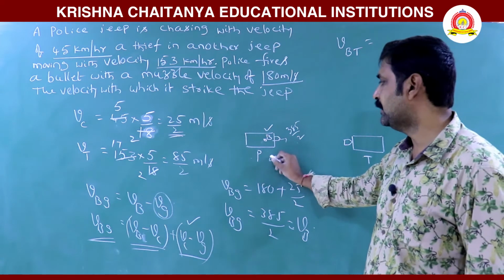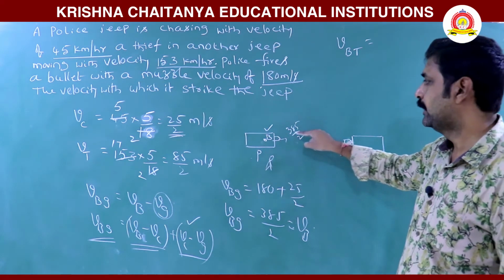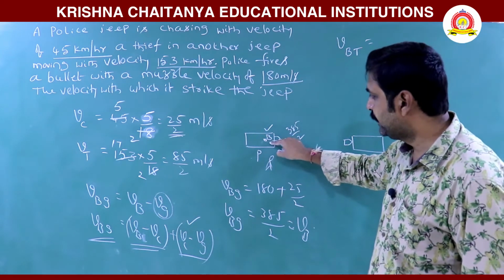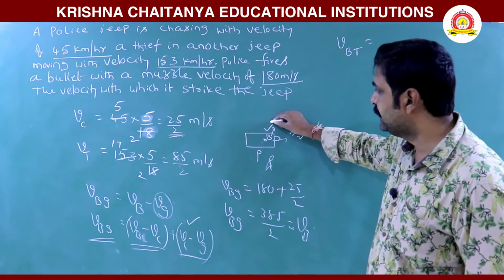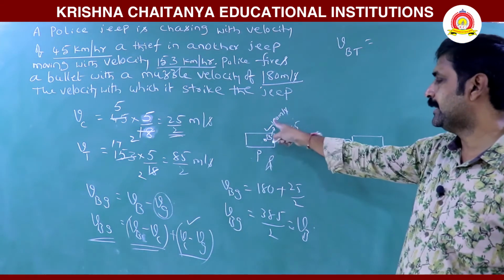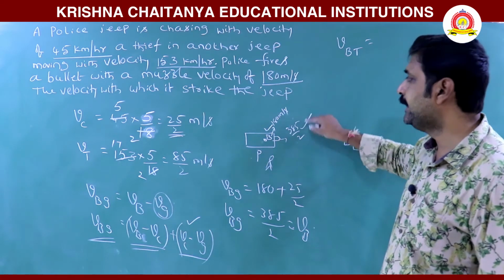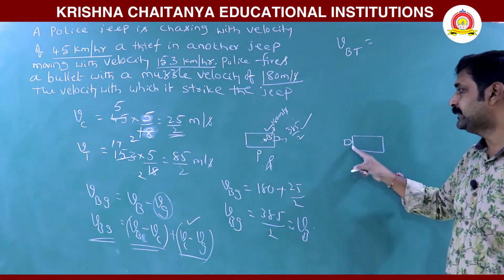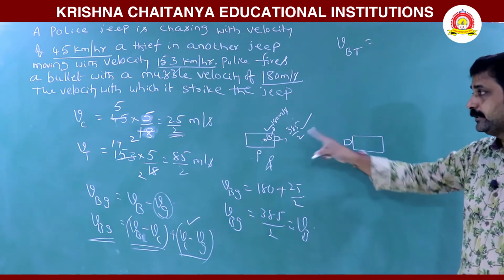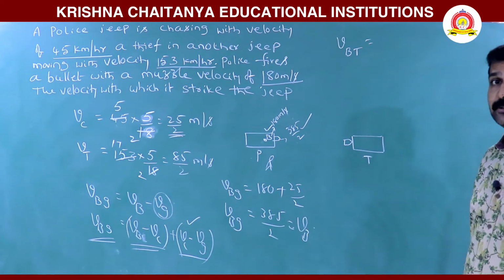When it emerges with respect to the policeman, its velocity is 180 meter per second, but with respect to the person on the ground, it is 385 by 2. Now when it strikes the thief's car with this speed, what is the speed with respect to that thief?